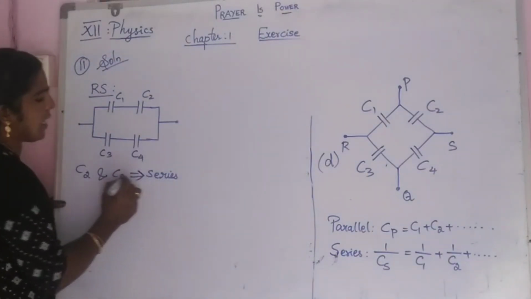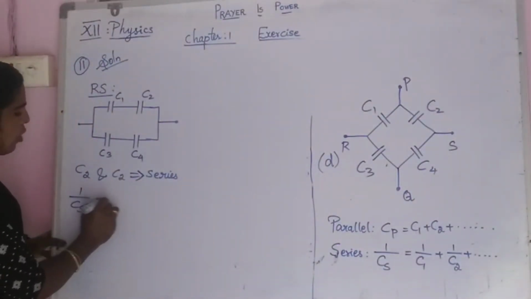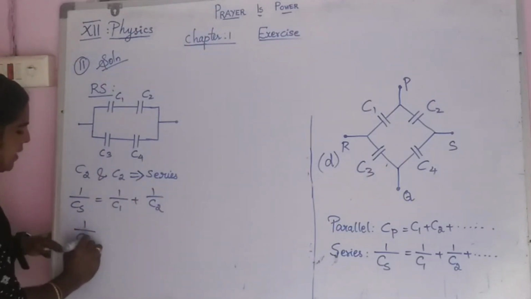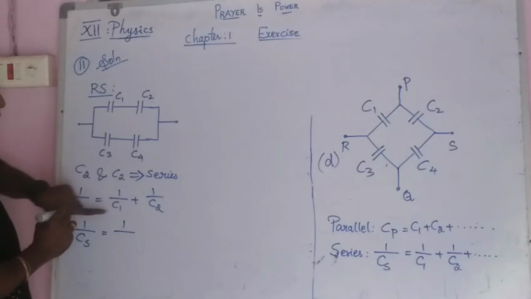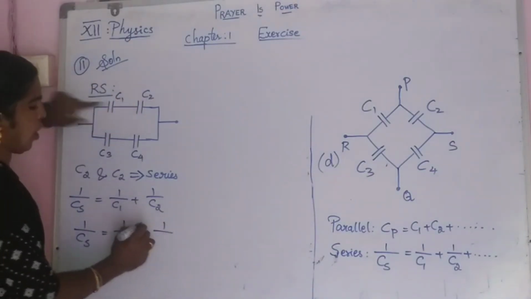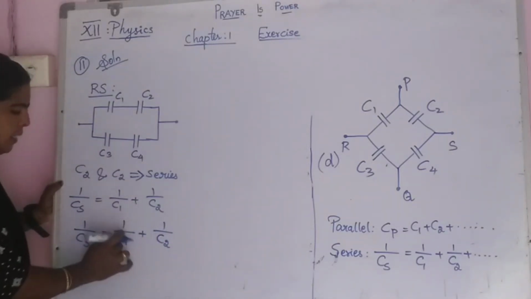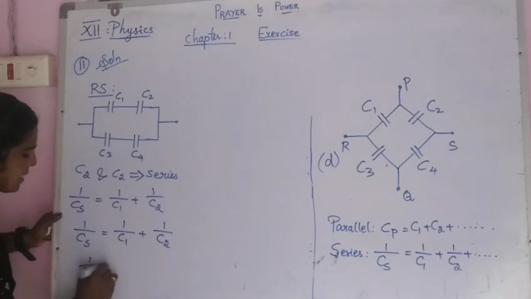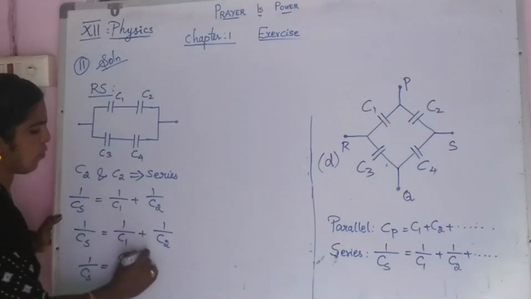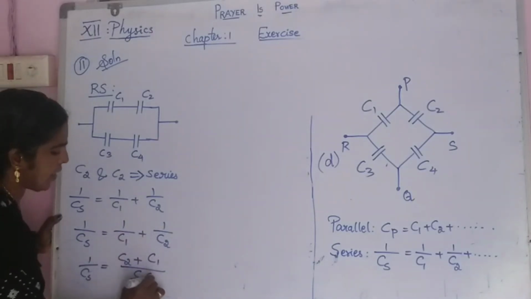Using the series formula, 1 by Cs is equal to 1 by C1 plus 1 by C2. The denominators are different, so cross multiply: 1 by Cs is equal to 1 into C2 plus 1 into C1, divided by C1 C2.